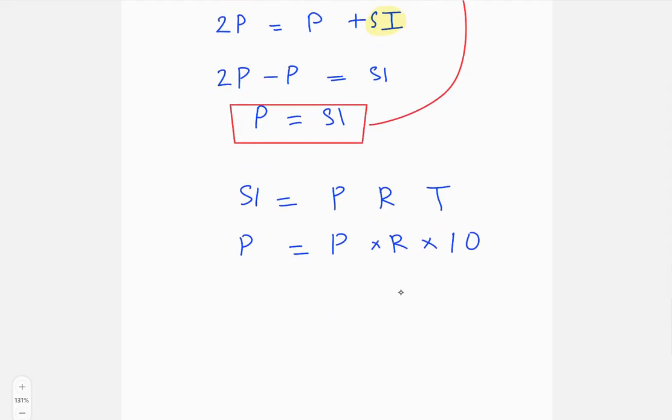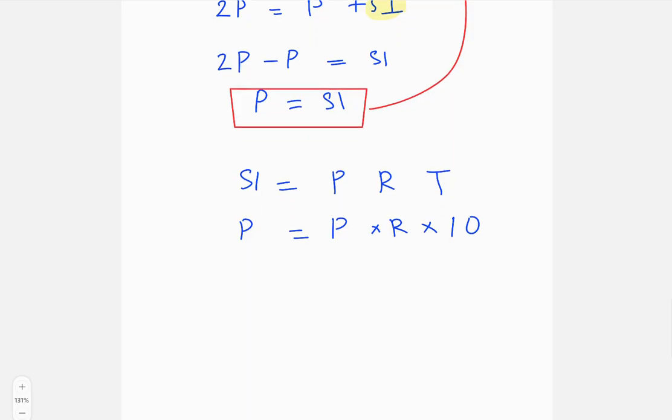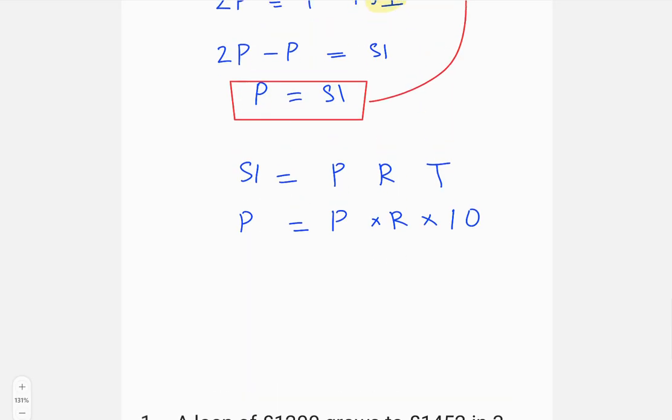Now we're going to move things around. So what are we going to do when we move? We need to move this P, and then we need to move this 10. So first, we can move both of them at the same time. So I'm going to move this P around. This P was already here, and when you move this P, you're going to divide it, and then this 10 was multiplying, and when you move it, you're going to also divide it.